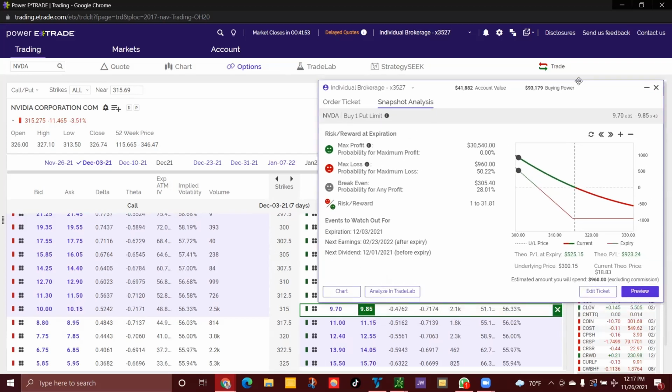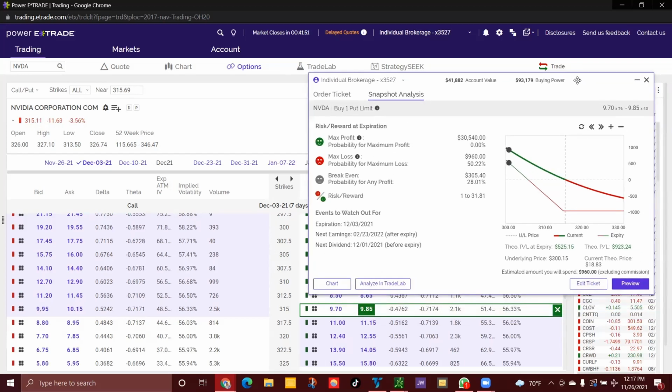You've got to realize how risky it is to say that for sure NVIDIA is going to be at 305 next week. I'm surprised it's even at 30%, because I can guarantee you NVIDIA ain't going to end the week at 305 next week.